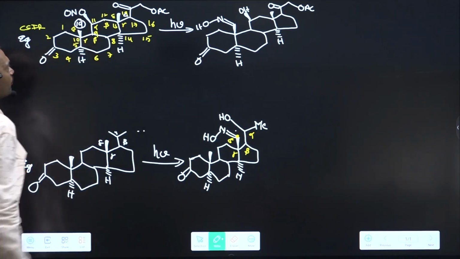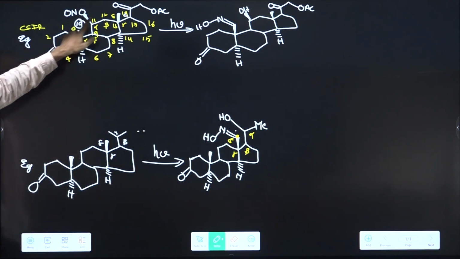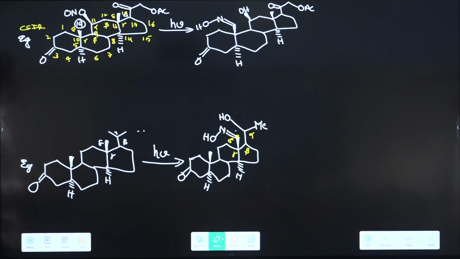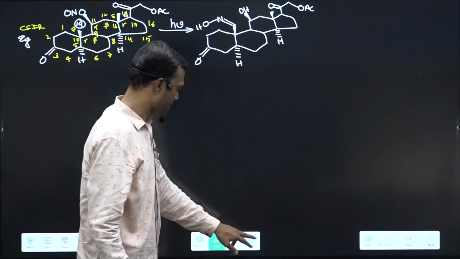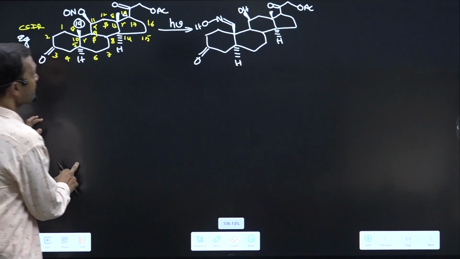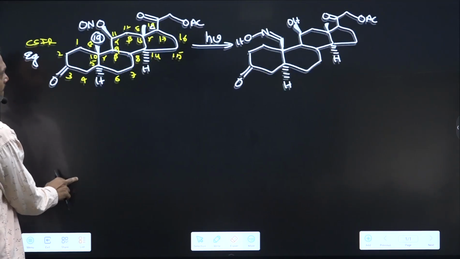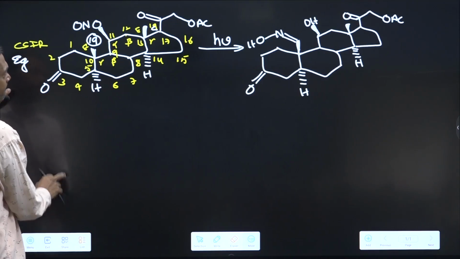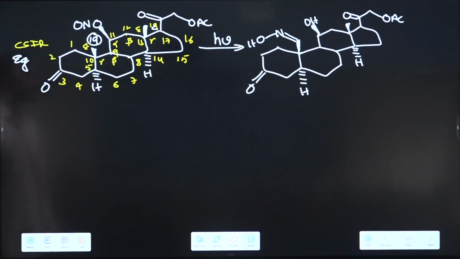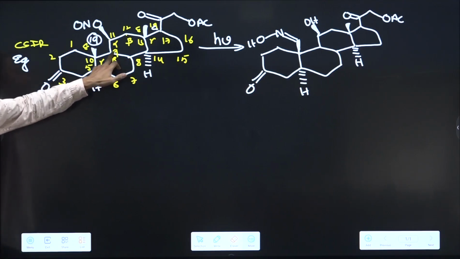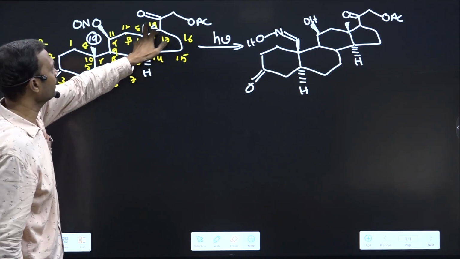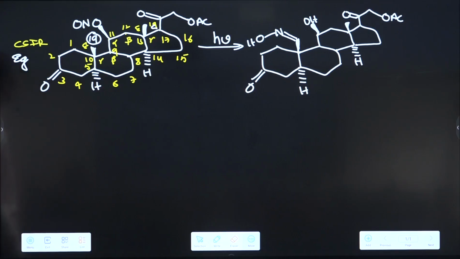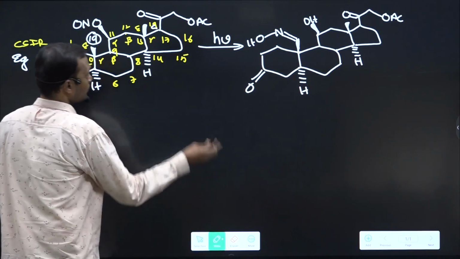This is 19, the angular methyl, and this is 18, the angular methyl. One, 2, 3, 4, 5, 6, 7, 8, 9, 10. Then 11, 12, 13, 14, 15, 16, 17, 18, and this is 19. So this one is 18.